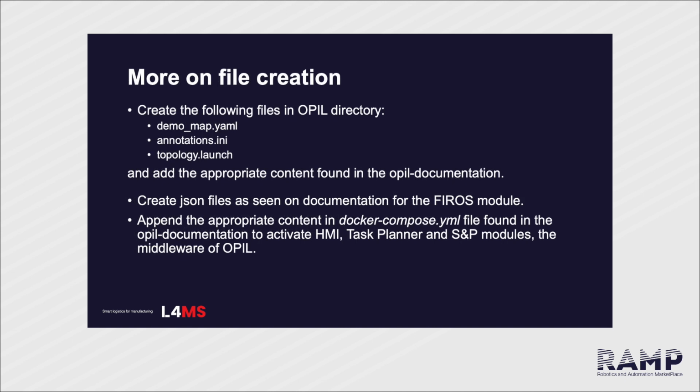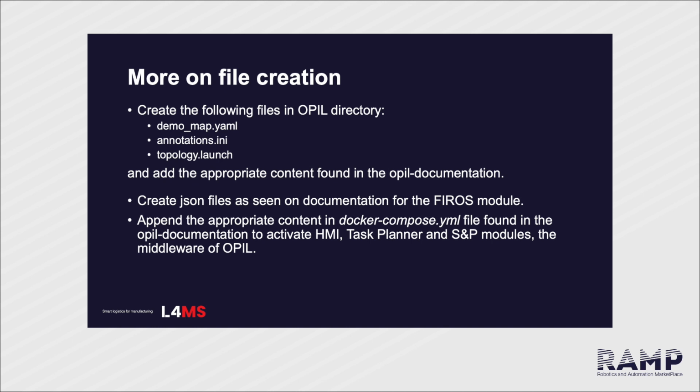A few more words on the file creation. Without getting into specific details, the idea is to continue creating the operational files by copying and pasting content found in the OPIL documentation. So, you continue creating the following files in the OPIL directory: demo map YAML, annotations INI, topology.launch. Please be careful when defining the IP address.